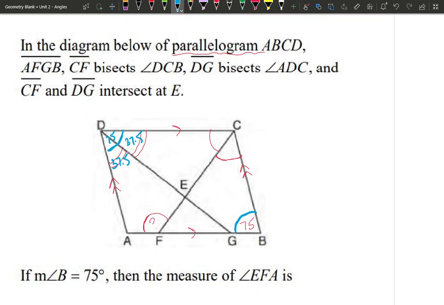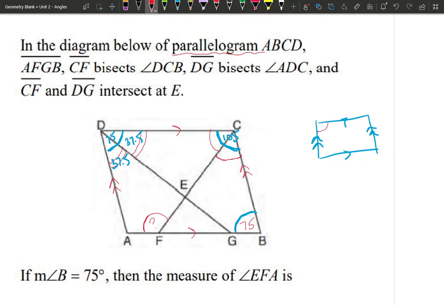Now let's see. My goal is to get to this thing here. If this is 75, I know that this angle, the entire thing, is 105. Why? Consecutive angles in a parallelogram add up to 180. When I say consecutive, if you didn't look at that other video I posted, if this is a parallelogram, just a quick picture over here, consecutive means one right after the other.